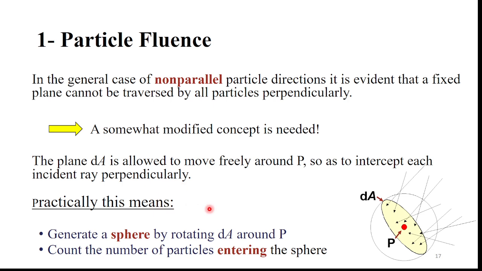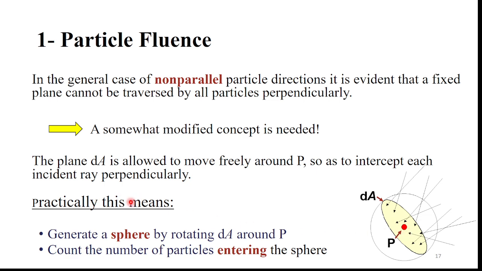If dA is moving around P in all directions, this essentially forms a spherical surface around the point P. So by creating a sphere around the point P, the area dA can intercept particles from any direction.